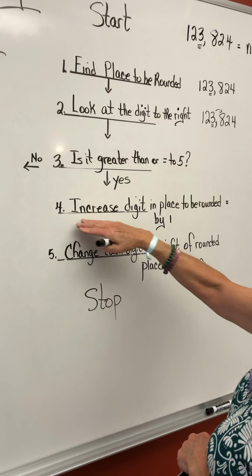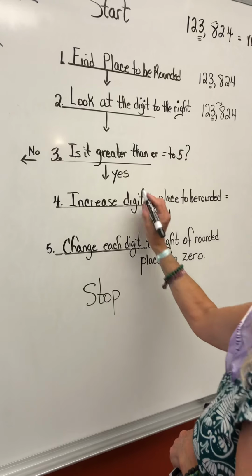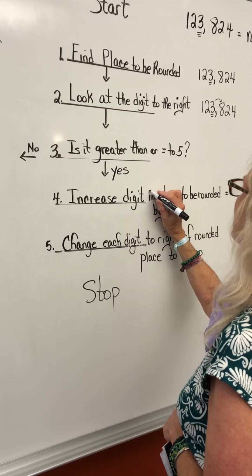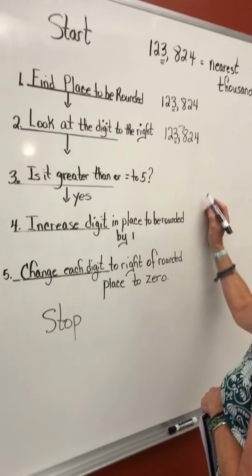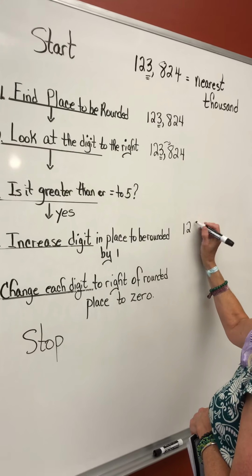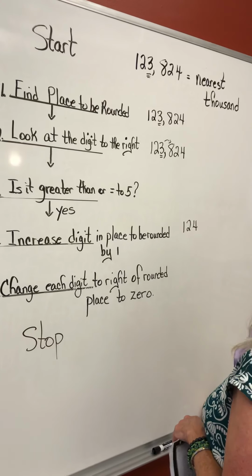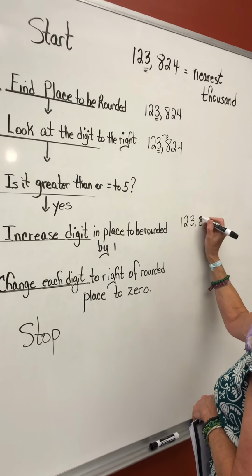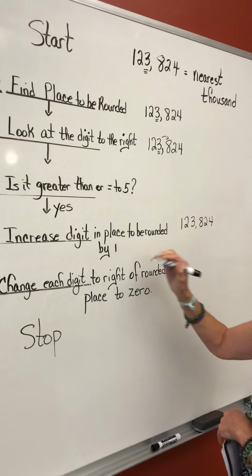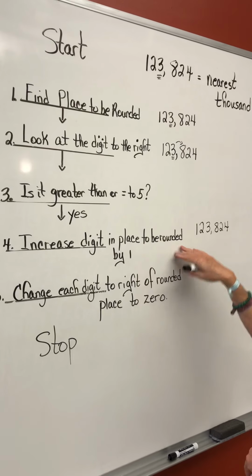So my next step is increase the digit in place to be rounded by 1. All right, so I'm going to take this number, let me just redo this. I'm going to write the number first so you can see. Increase the digit in place to be rounded by 1.